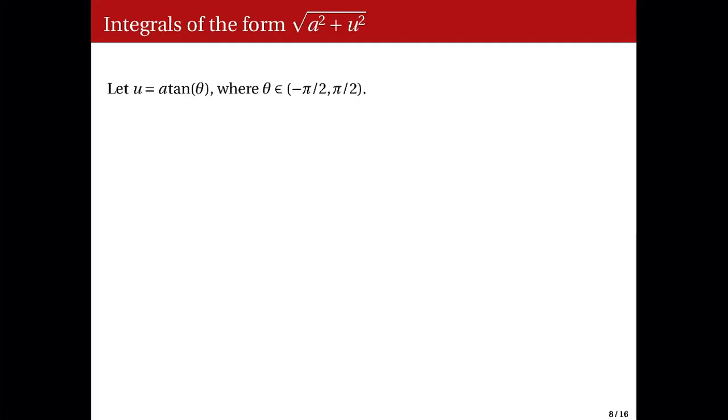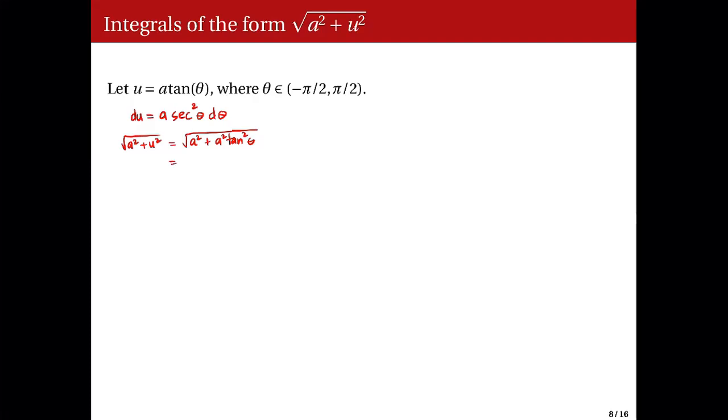So if we have this substitution, of course, you will have du equal to a secant squared theta d theta. And you may compute for a squared plus u squared, and you get the square root of that. This will be equal to square root of a squared plus a squared tangent squared theta.